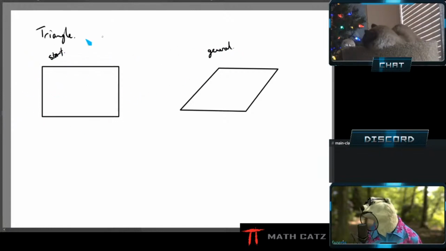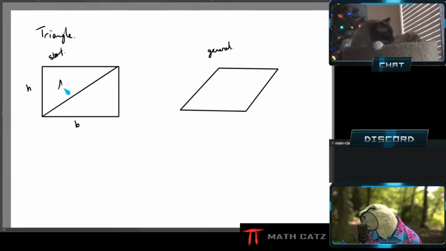So any rectangle, or square even, I can split up. Let's just suppose here I have a base and I have a height, right? I can split that up into two triangles. Now, in the case of a rectangle, these triangles are going to be exactly the same. Whatever this area is, this is going to be the same area.